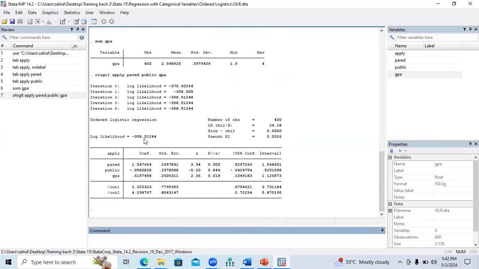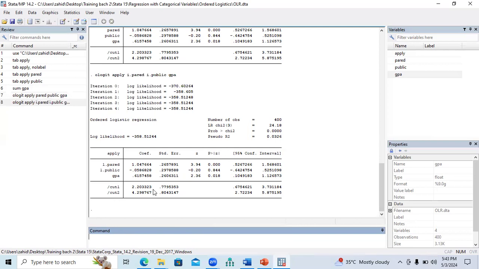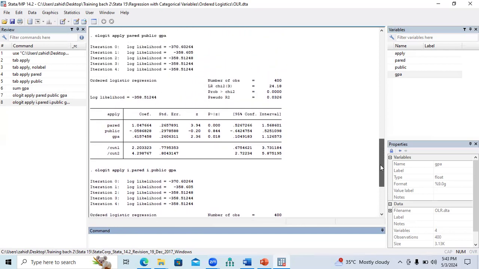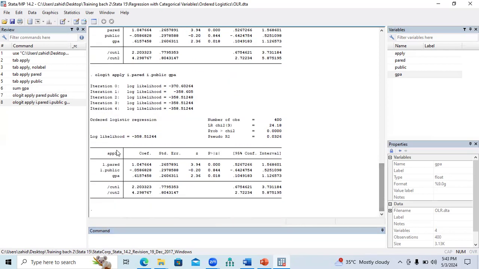But if we consider this particular code with the factor variable, like parent education is a factor variable, public is also a factor variable, we can run it like this. Now this command looks like this. You can see here the R square is similar.